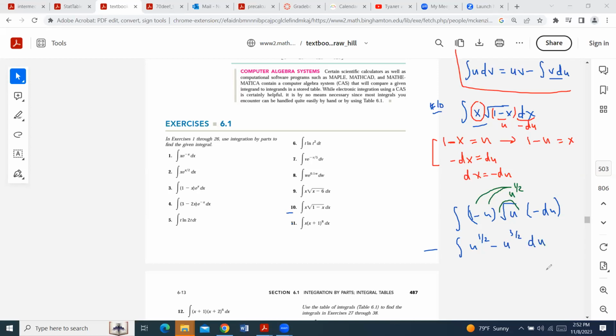So there is no need for parts. It's just our favorite formula. I hope you still remember it. The power will give you n plus 1 for the power divided by n plus 1, and of course the constant. So we're going to think about adding 1.